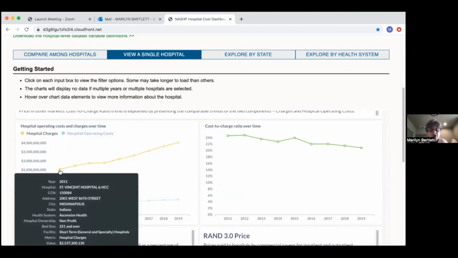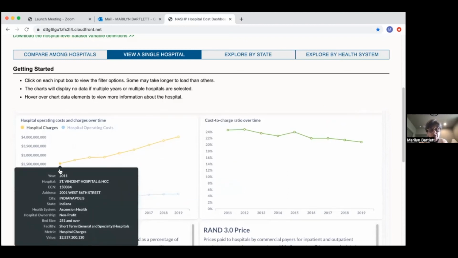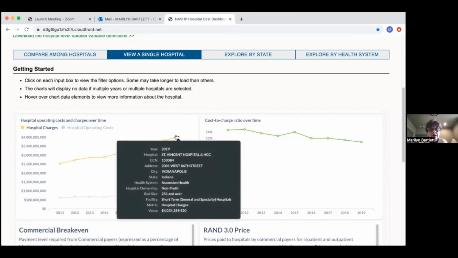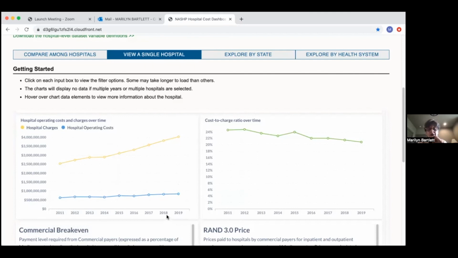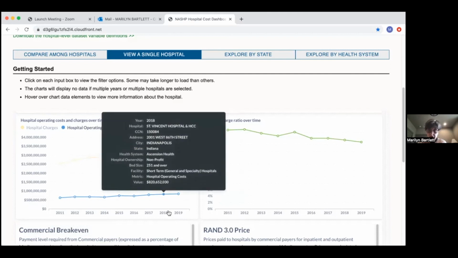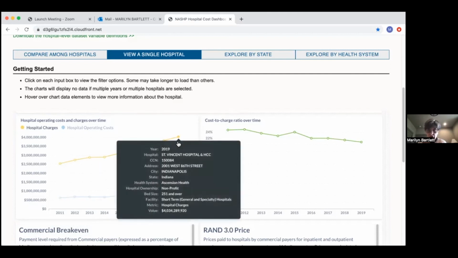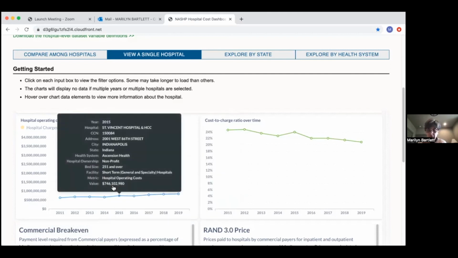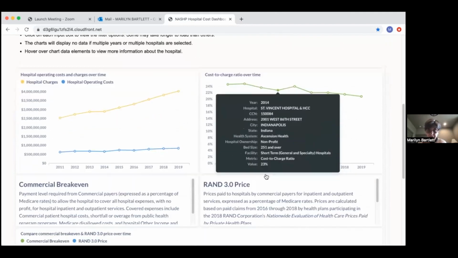But what have charges done over that time? From 2.5 million on up to 4 million. The interesting part of this chart is to really get a feel for what's happening with charges versus costs. And for the insurance company networks that are still pricing as a discount off ChargeMaster, I think this is a really good chart to take a look at.